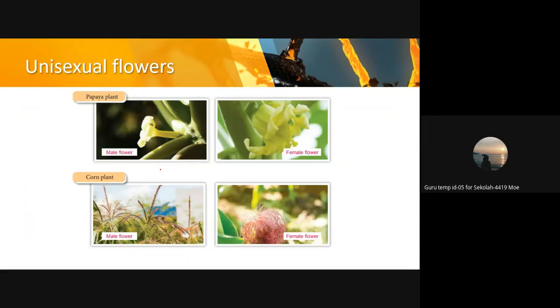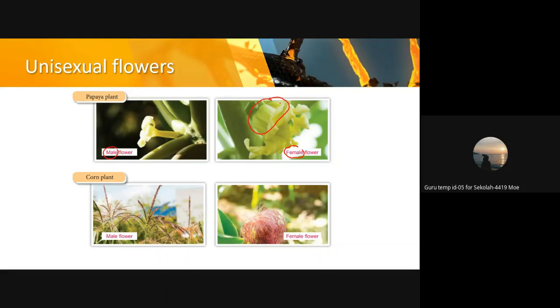Alright, now let's look at some examples of unisexual flowers. Unisexual has only one, right? So the papaya plant is an example for male flower and female flower. As you can see, the female flower is bigger at this part. Why?